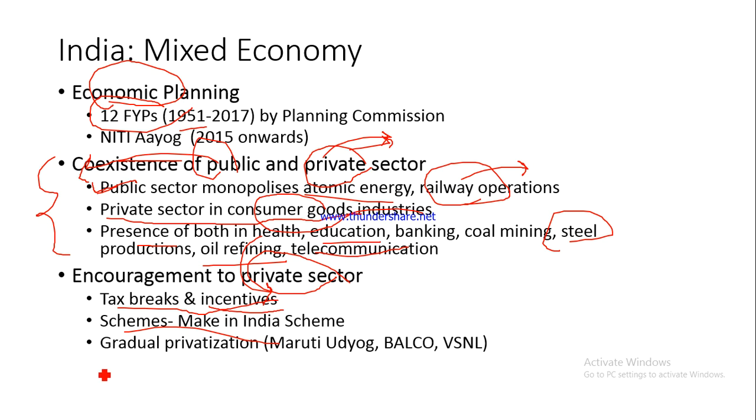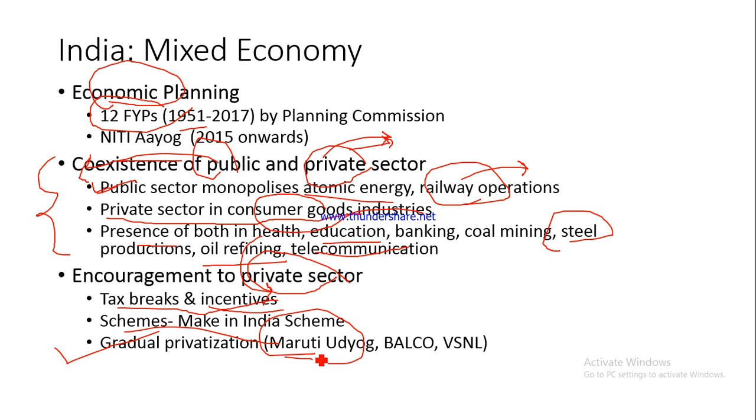And then many public sector organizations or joint ventures between government and private sector organizations were gradually converted into private enterprises. For example, if you talk about Maruti Udyog, which you today know as Maruti Suzuki India Limited. Maruti Udyog was a joint venture between the Japanese firm Suzuki Motor Corporation and the government of India.